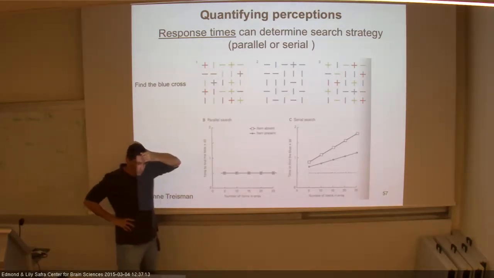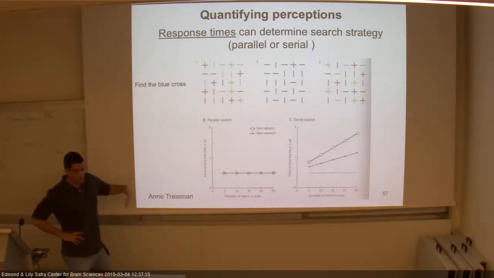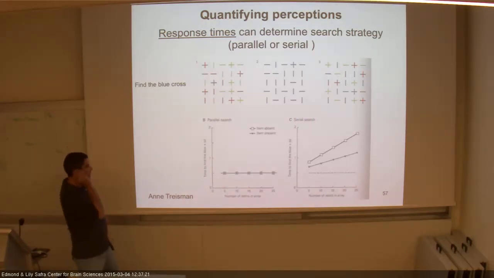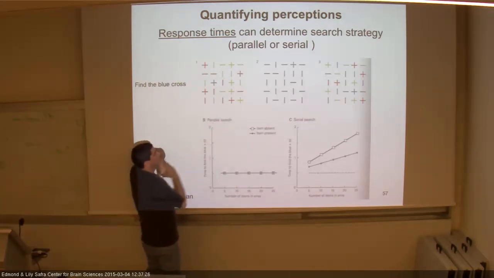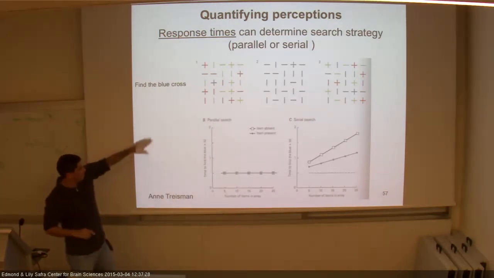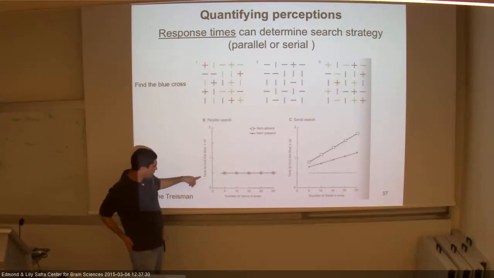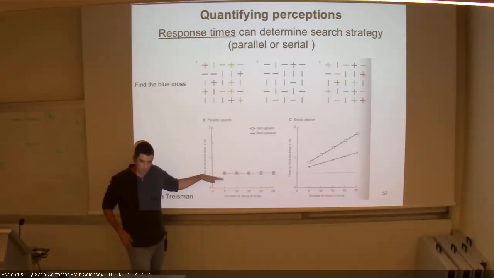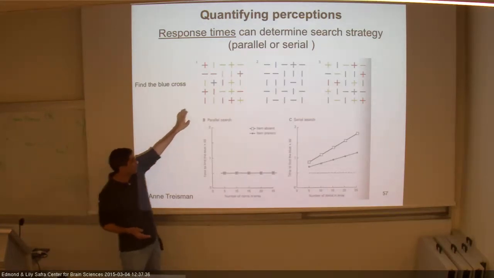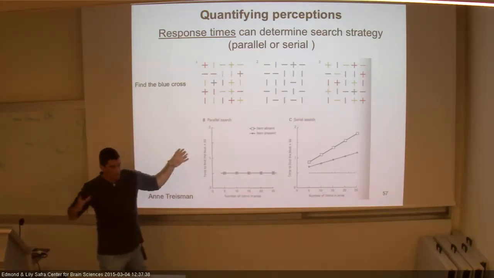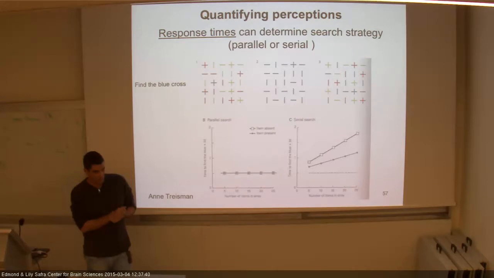So the question is, what is the strategy people use when they have to find the blue cross? And in fact, when Anne Treisman started quantifying the response times to this kind of visual task, she found that it doesn't matter how big the matrix is in the first task, the response times would stay the same. It's as easy to find the blue cross here in this kind of a task, regardless of the size of the matrix.